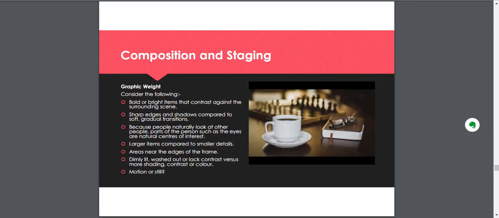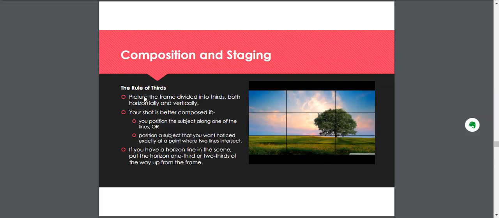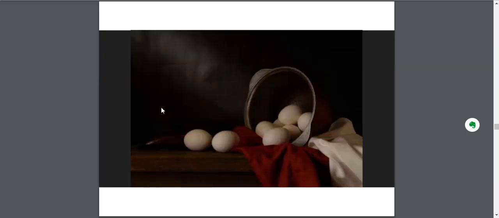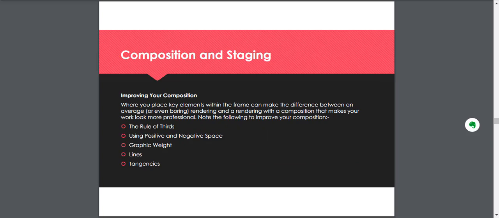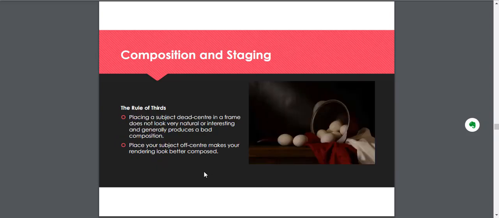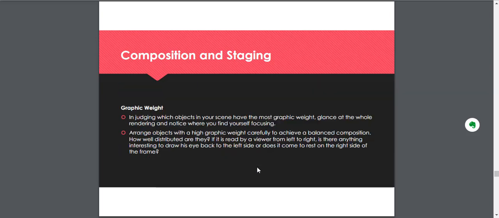Graphic weight covers a lot of things as well, so just go through this list. I'm not asking you to memorize all this, but understand how each one of them is used: how to use the rule of thirds, what positive and negative space is, what graphic weight is, how lines can add to the composition, and the last one, which is tangency.